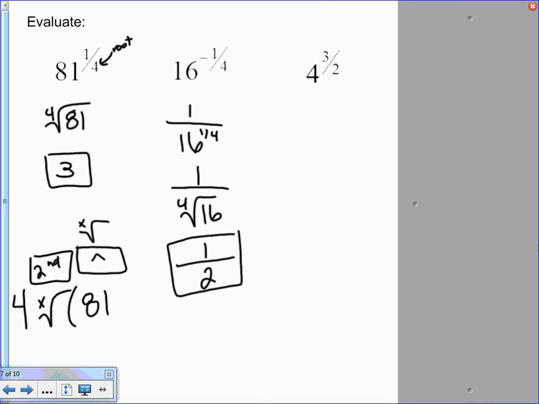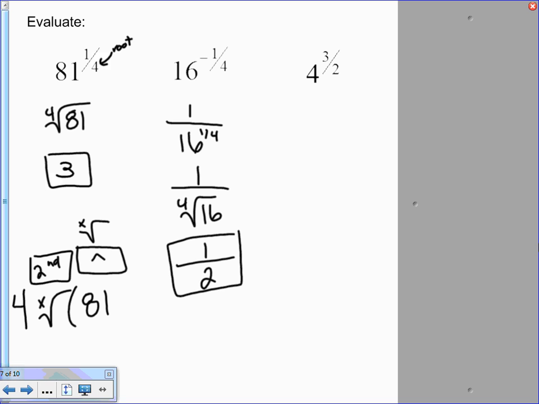One more. 4 to the 3/2. Okay, remember, this does not mean 4 times 3/2. If I wanted you to do 4 times 3/2, I would just write it as 4 times 3/2. I wouldn't write it like an exponent. So you have to remember, exponents are something different.